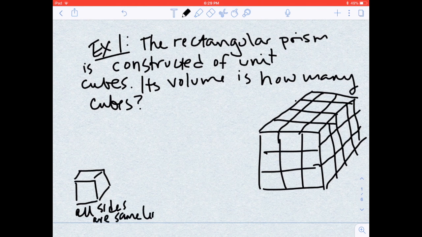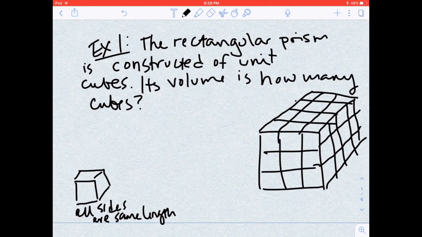So think of a square on all sides. So all the sides are the same length. So it's asking me on this question if I had this rectangular prism, which means think like a box, if I put in cubes, how many cubes could I use to fill it?